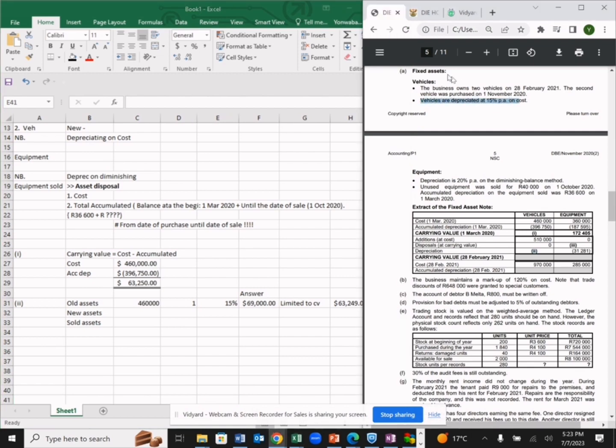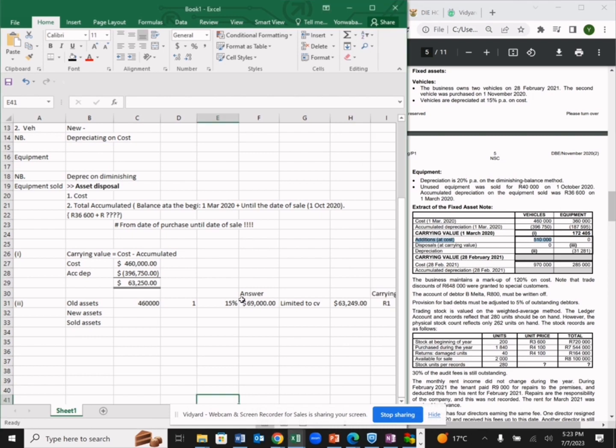Where is the cost of a new asset? We're not given it in this information. Let's go to the table. Additions. That's where they put the cost of an asset that is new. 510, wow, that is expensive.